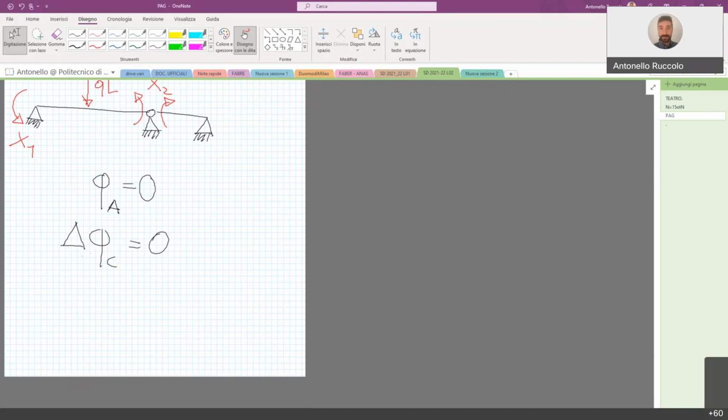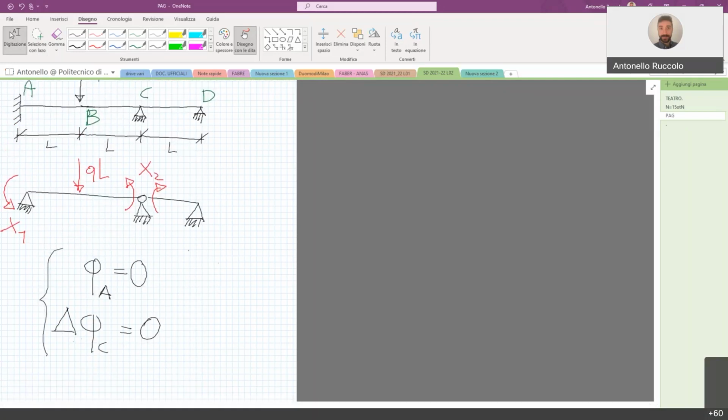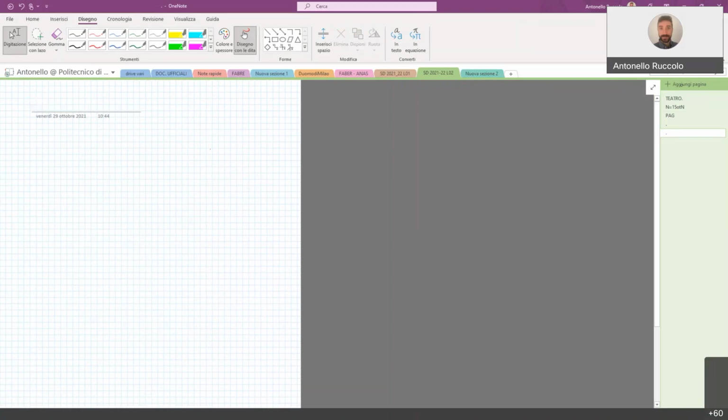Then, okay, so we have these two compatibility equations which, associated to this structure, help us to recreate the original one. So let's write again the structure.